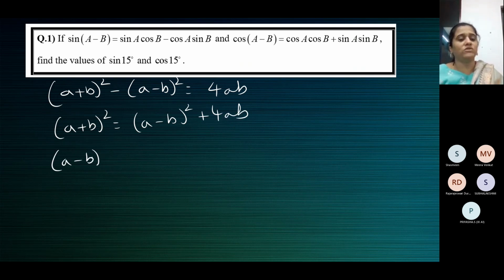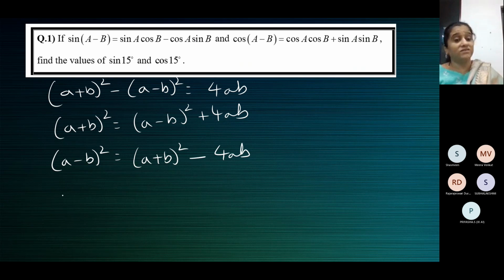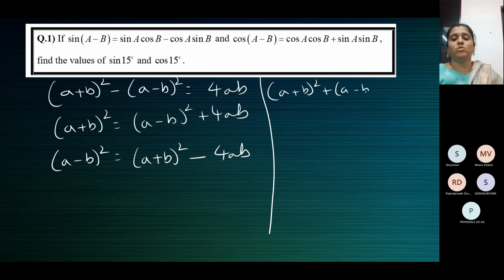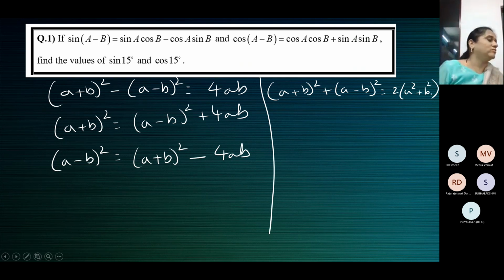A minus b the whole square is equal to a plus b the whole square minus 4ab. Then what's the other identity? A plus b the whole square plus a minus b the whole square is equal to 2 of a square plus b square, right? All of you, write down these identities, please. They're so important.